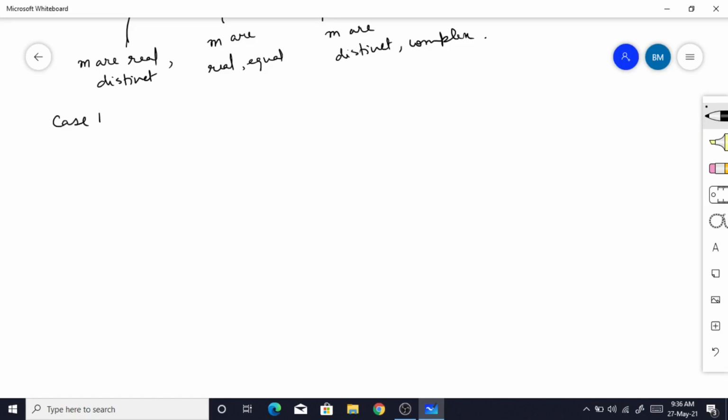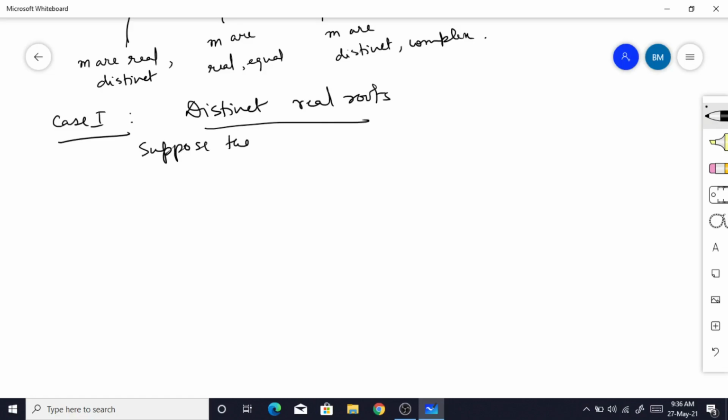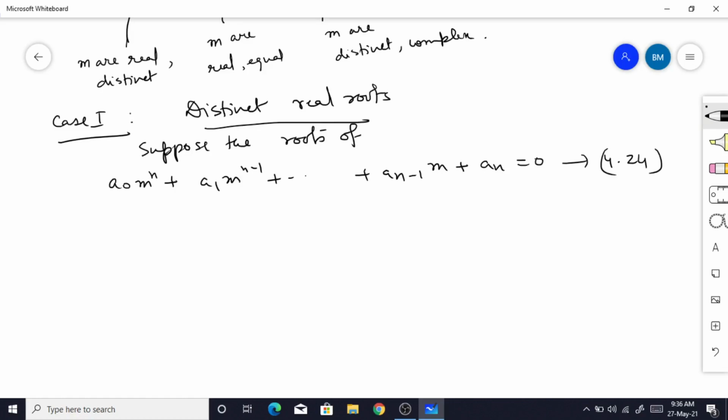So consider case 1, distinct, real. Suppose the roots of the equation a0 m^n + a1 m^(n-1) + ... + a(n-1) m + an = 0, which is the auxiliary equation, are the n distinct numbers, say m1, m2, m3, ..., mn.